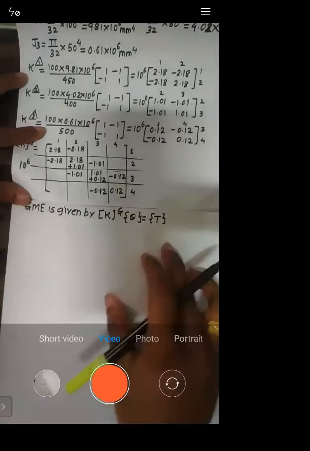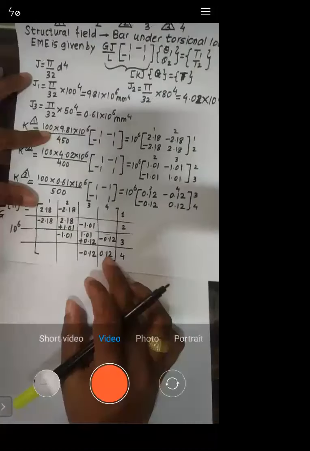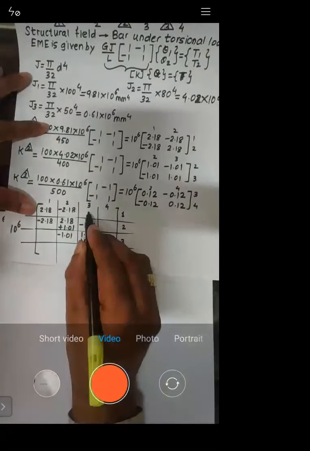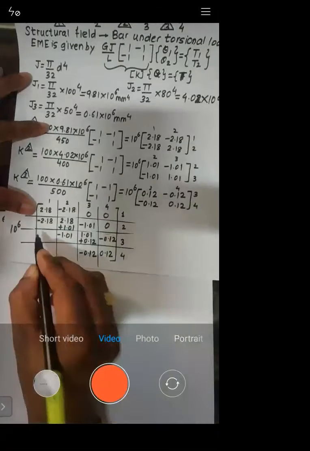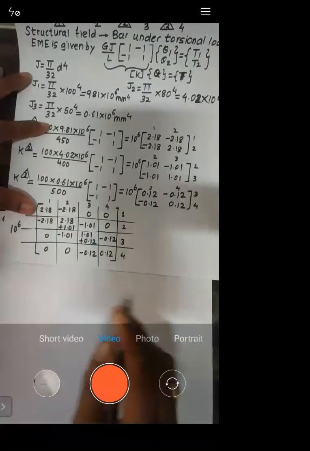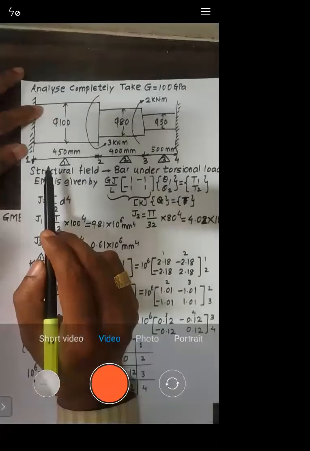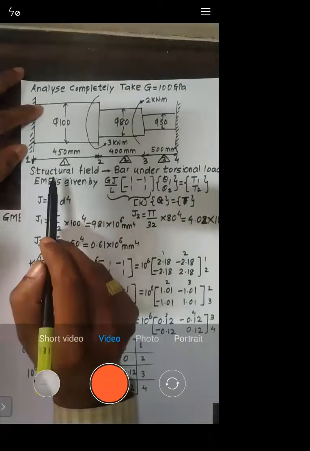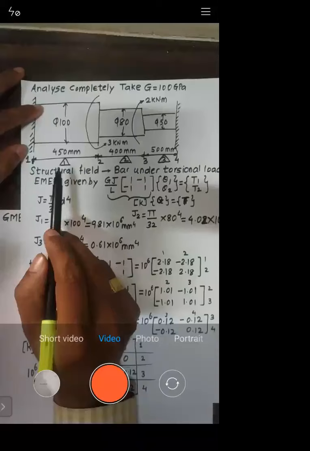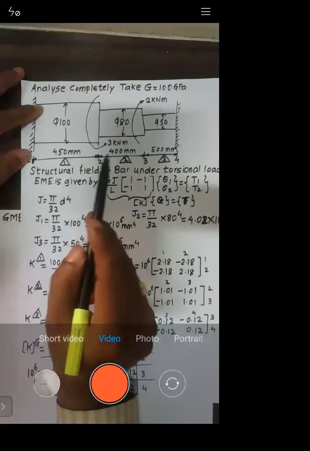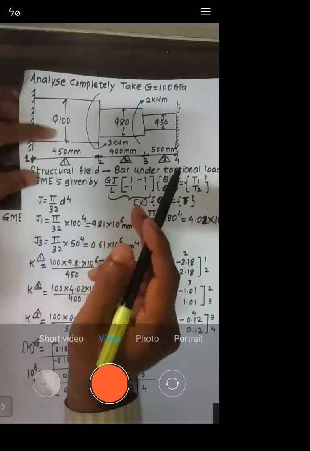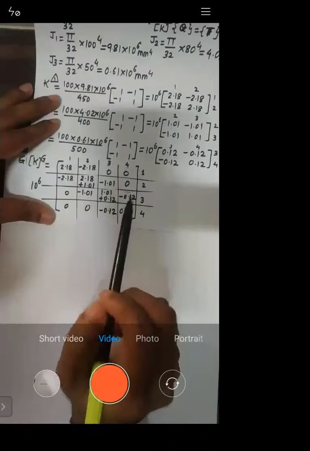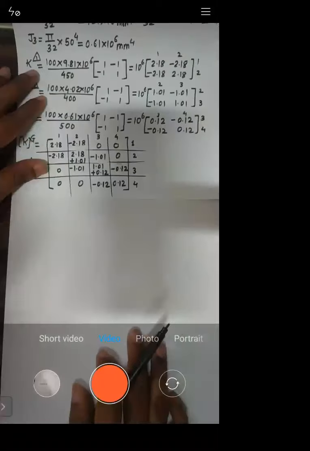In this matrix, where you won't have any elements, you need to put 0. If you have the nodes in sequence, 1, 2, 3, 4, and the elements connected in sequence, 1 between 1 and 2, 2 between 2 and 3, 3 between 3 and 4, then the global stiffness matrix you get is a diagonal matrix.